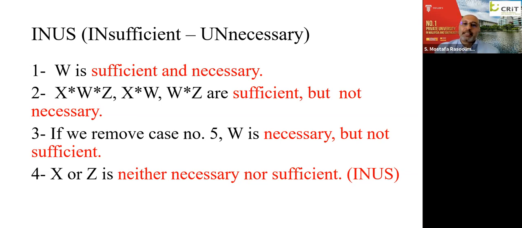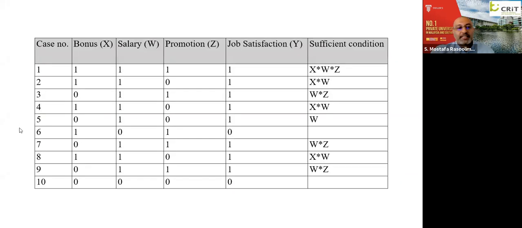Another situation: for example, if we remove case number 5, so we only have five different cases. We can see W repeated in all cases, but when we remove this case, W cannot be a sufficient condition, but it is a necessary condition because it is repeated in all the different cases.